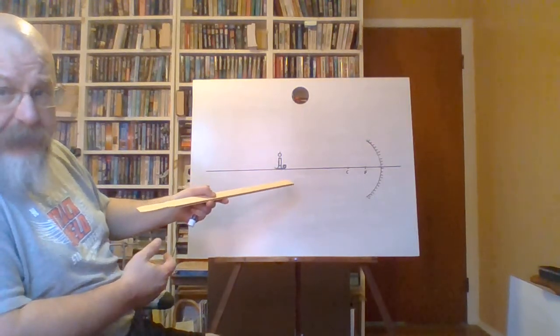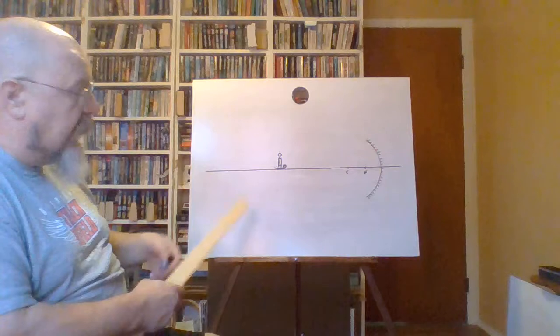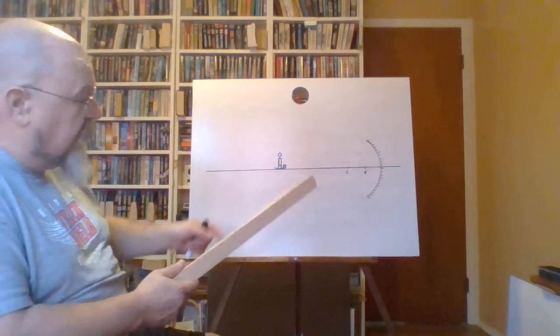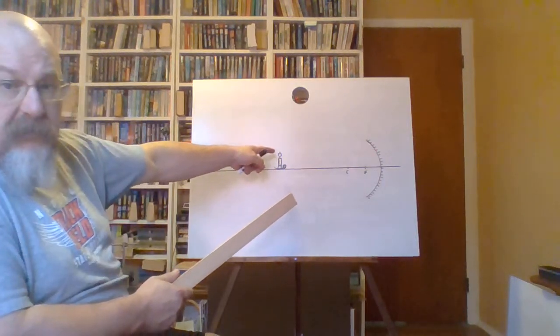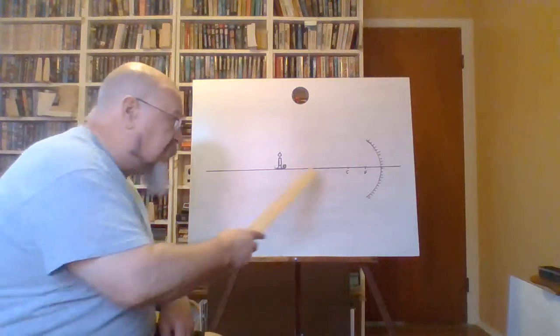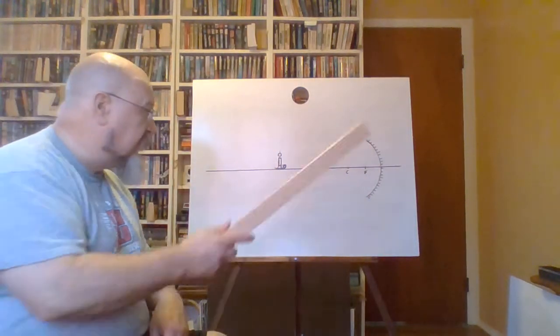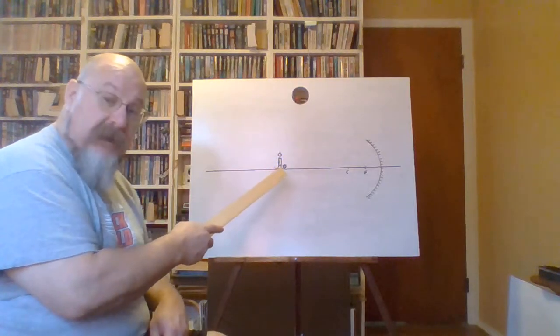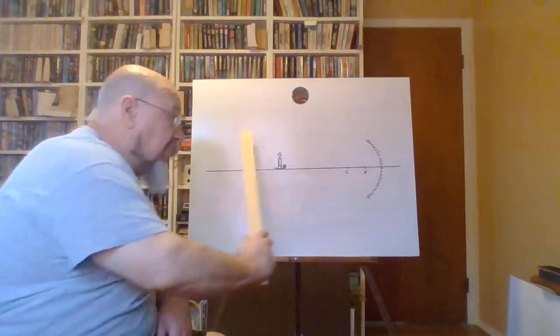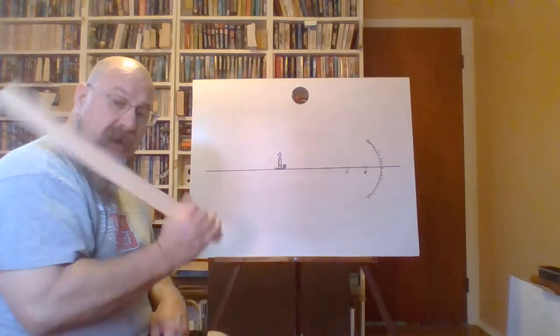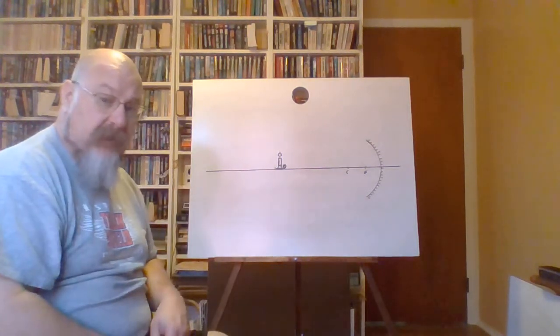It's a candle. And I'm using a candle because, well, if it wasn't lit, you could still see it in the mirror because there might be another light source that's giving off light. It bounces off the candle, diffuse reflection. Some of that light goes to the mirror and gets reflected in a predictable pattern.